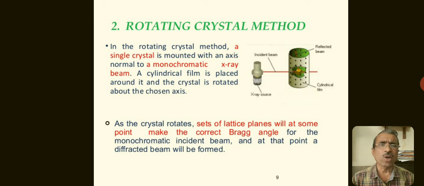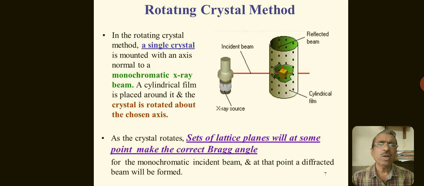As the crystal rotates, sets of lattice planes will at some point make the correct Bragg angle for the monochromatic incident beam, and at that point a diffracted beam will be formed. Here also I have shown another slide with similar information.